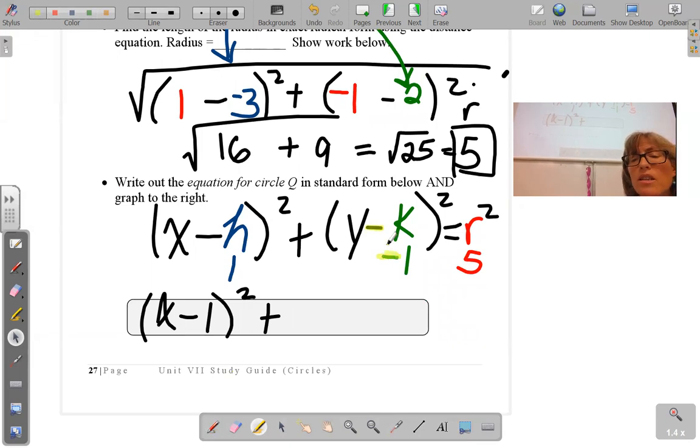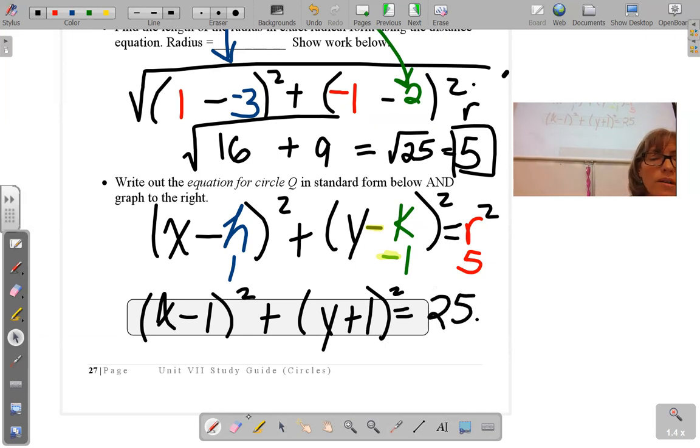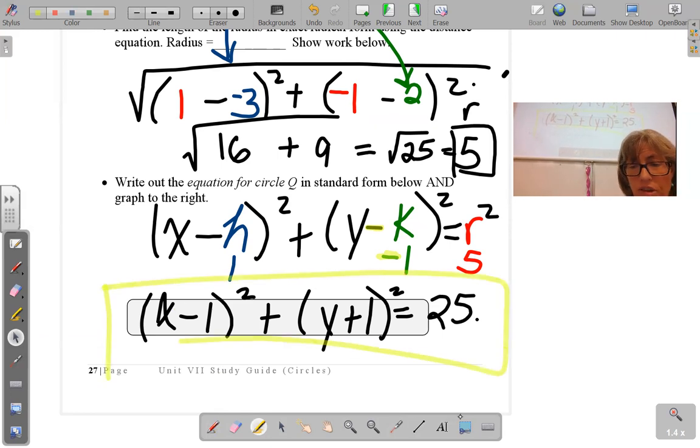Double negative makes a positive, so the next reads y plus 1, and then what's 5 squared? 25. That is the equation of this circle.